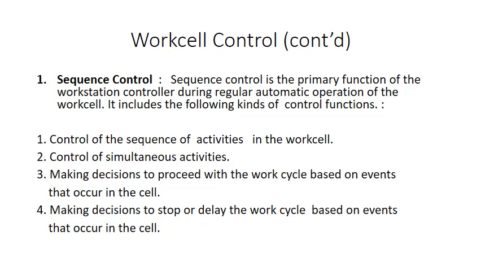1. Control of the sequence of activities in the workcell. 2. Control of simultaneous activities. 3. Making decisions to proceed with the work cycle based on events that occur in the cell. 4. Making decisions to stop or delay the work cycle based on events that occur in the cell.